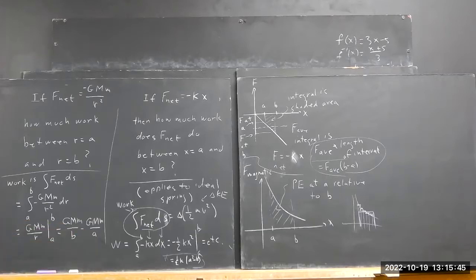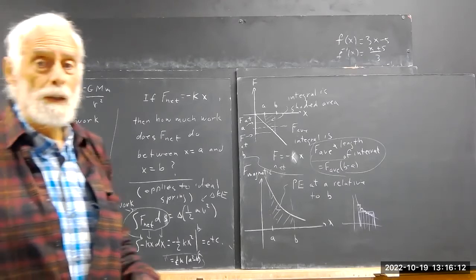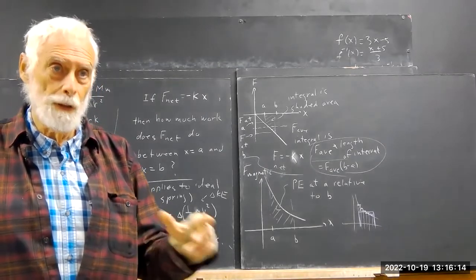The other thing, we could say that this is the potential energy at one point relative to the other. Or we could say that this is the potential energy relative to infinity. Okay, potential energy relative to infinity, you just integrate from a to infinity. And infinity turns out to be the point at which we want to measure potential energy in gravitation and electrostatics.